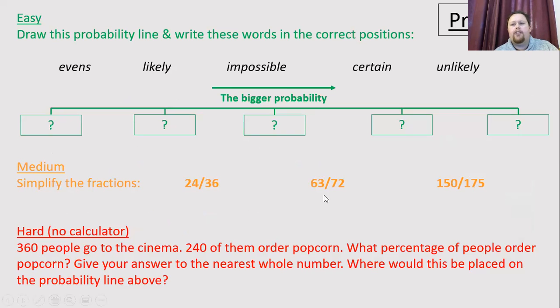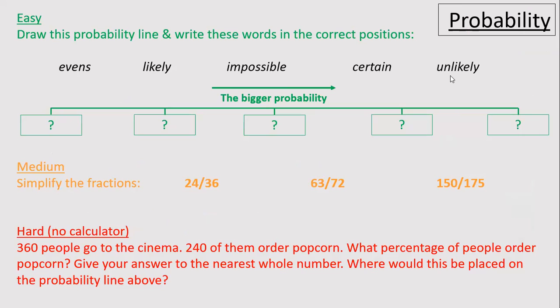So here's what I'd like you to do for your very first task today. I've got an easy task, a medium task, and a hard task. For your introduction, firstly, what I would like you to do is draw the probability line that you can see above. You can see that there's 5 squares along a line. That's a probability line, and I would like you to mark it.